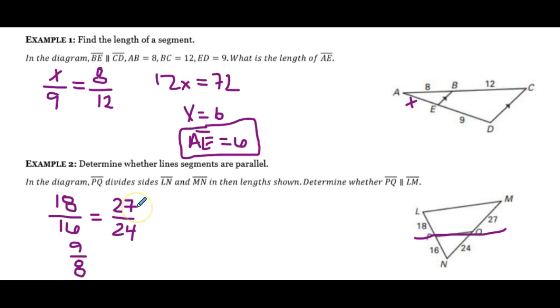And 27 and 24, both divisible by 3, can be simplified down to 9 over 8. So my proportions are the same. Since 9 over 8 is equal to 9 over 8, I know that those two lines are parallel, and that's by the converse of the triangle proportionality theorem.